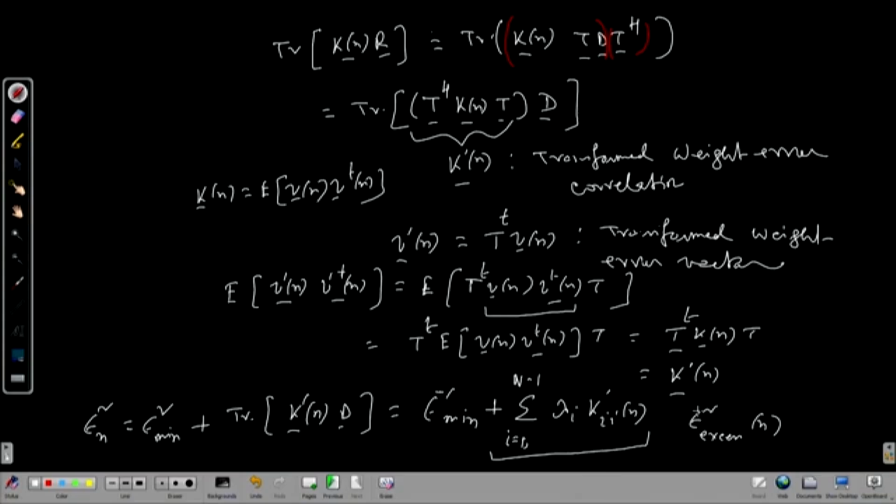It will not grow, but if it grows and grows and grows, if any of them, each is called a mode, convergence mode. So, there are capital N convergence modes. Each mode is characterized by one particular K prime ii n sequence. Okay. So, if any of the modes now becomes unstable, grows to infinity, shoots up, then the same happens for the whole, and therefore this error becomes unbounded, and that is a thing we want to avoid at any cost, because if the error goes unbounded, then the algorithm fails, isn't it?